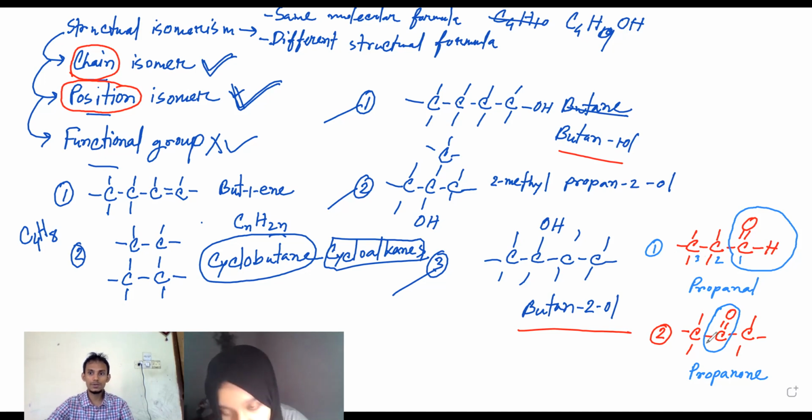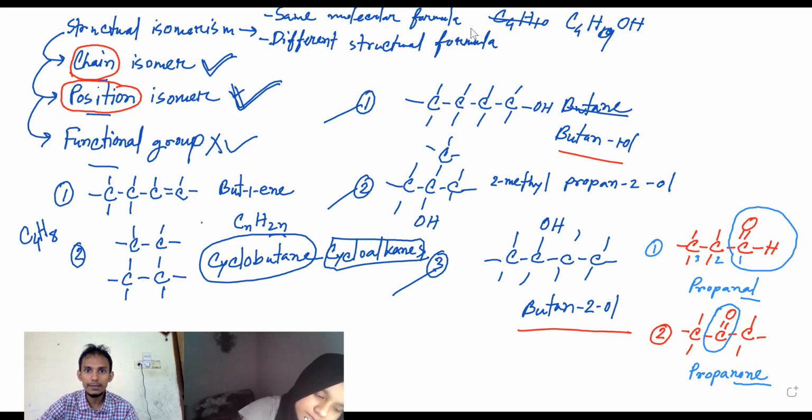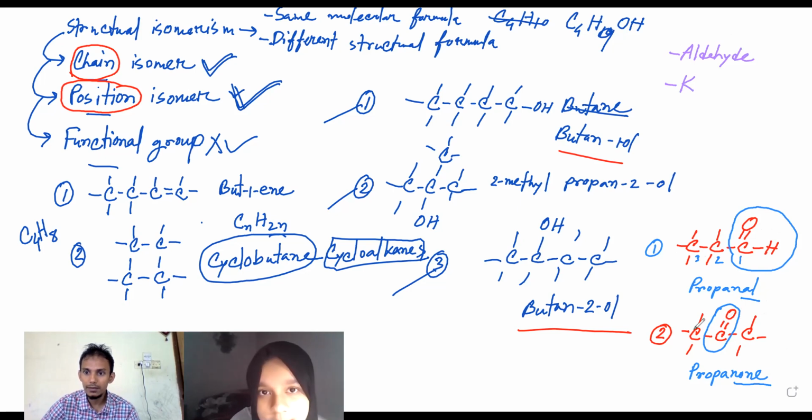I'm just showing you. You see, this is the aldehyde functional group, the first one, and the second one is the ketone functional group. Aldehyde and ketone. This "al" stands for aldehyde and this "one" stands for ketone. Let me write it down. The first one is aldehyde, and the second one has C double bond O in the middle and two alkyl groups.